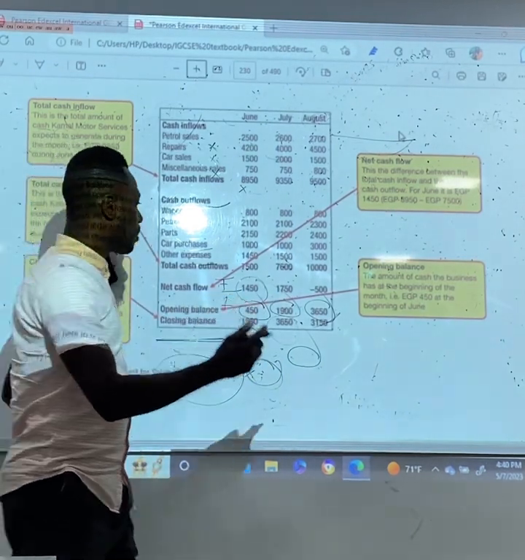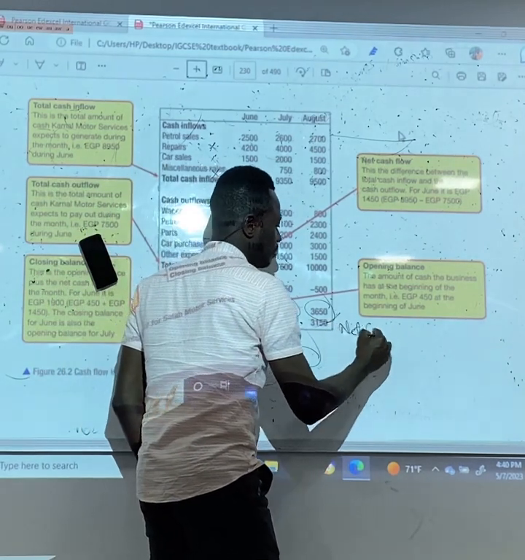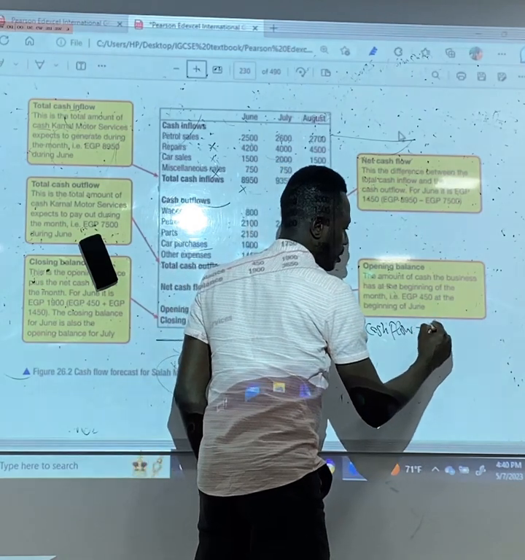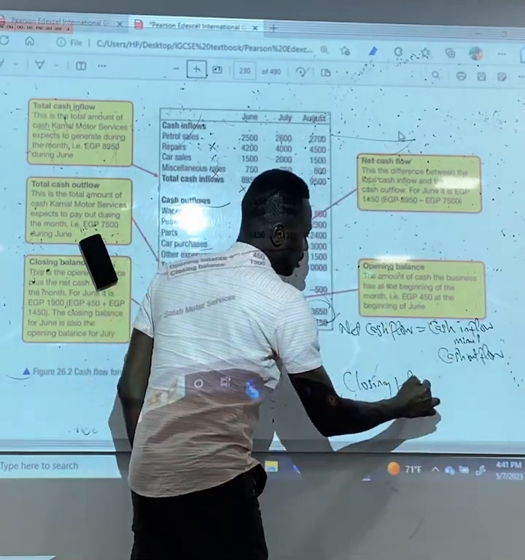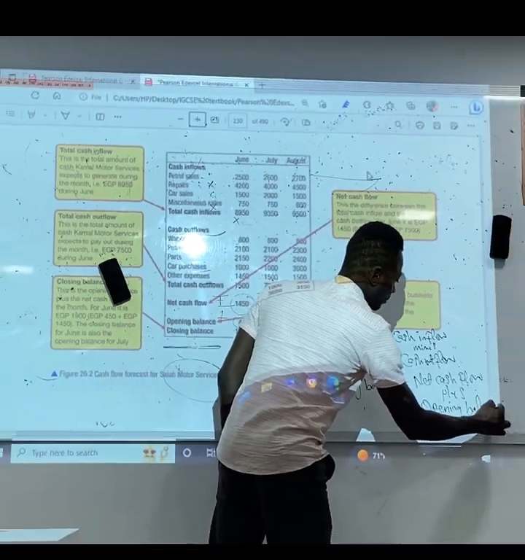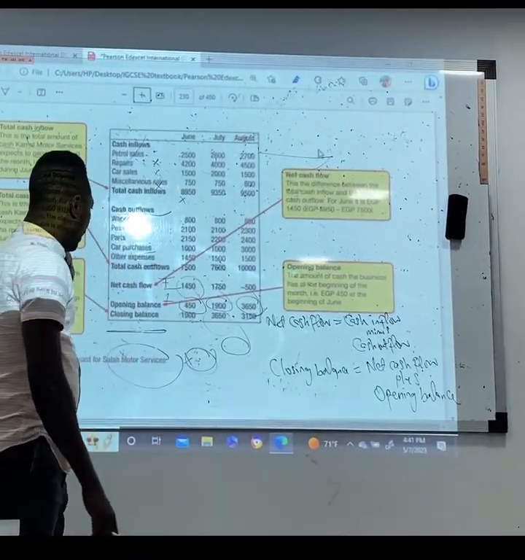Is it clear? I'm going to write them out. Net cash flow is cash inflow minus cash outflow. Closing balance is net cash flow plus opening balance. I think that's clear.